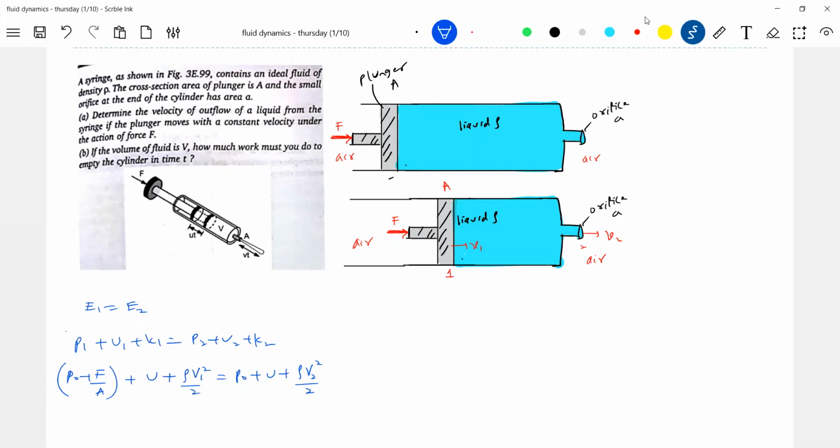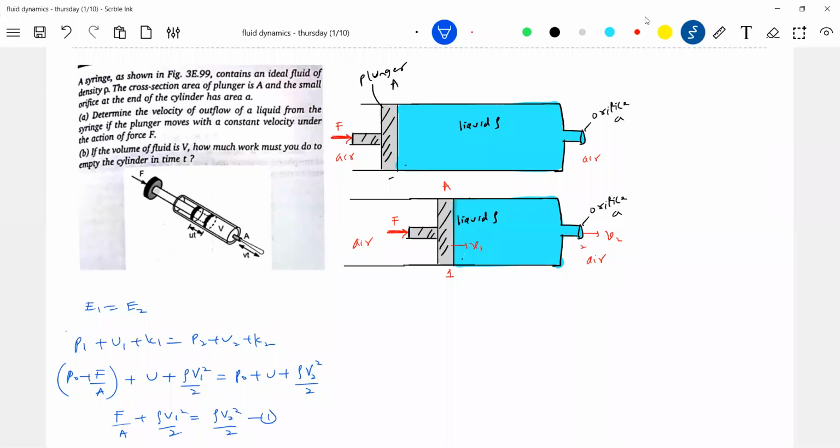Now P naught will get eliminated. So F by A plus rho V1 square by 2 equals rho V2 square by 2.